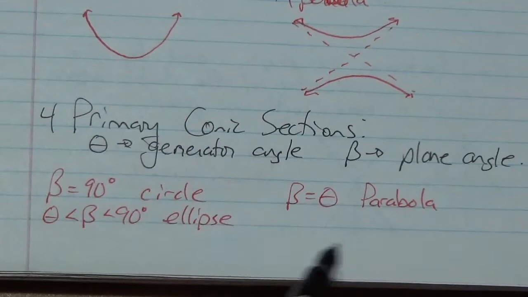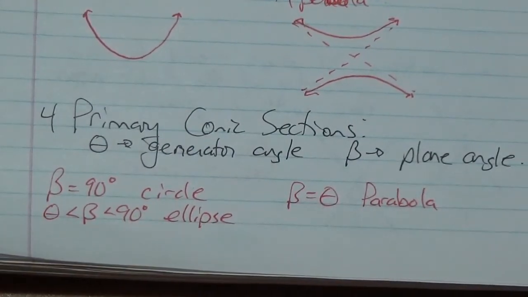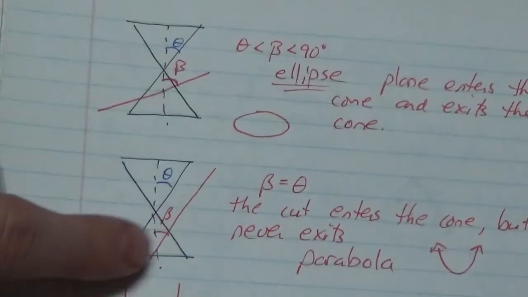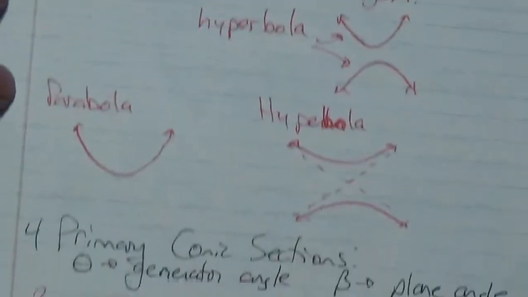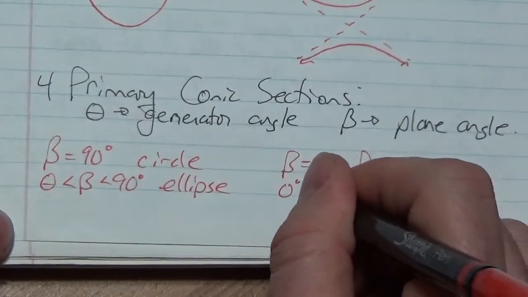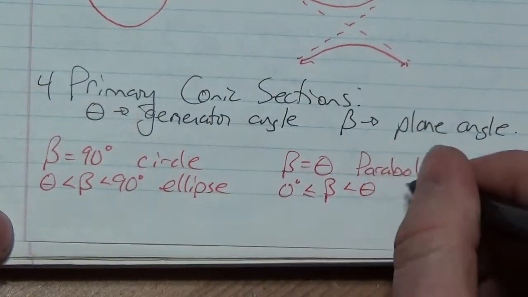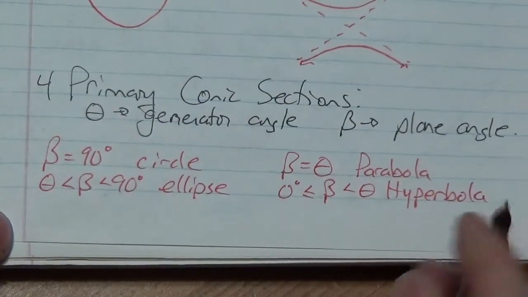Now, I know that's just one scenario where you get a parabola, and you think, well, it's one shape, a parabola, but it can be narrow, it can be wide. That's determined by how close that cutting plane is to the vertex. The closer you get, the narrower it becomes. And if beta is greater than or equal to 0, but less than theta, we are getting a hyperbola.